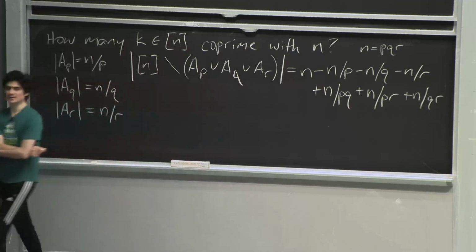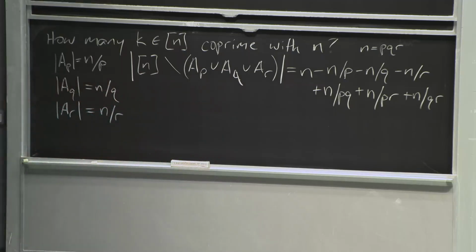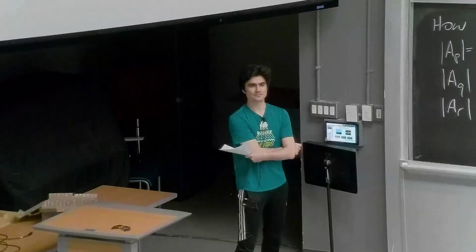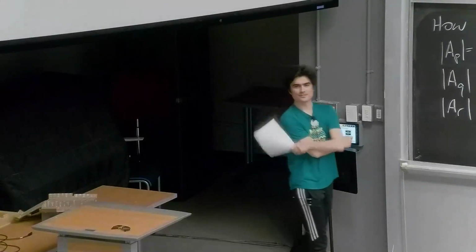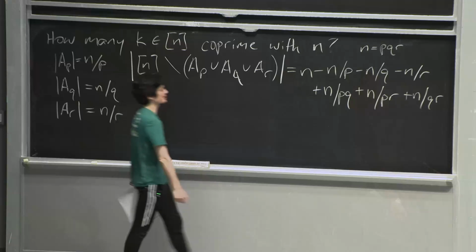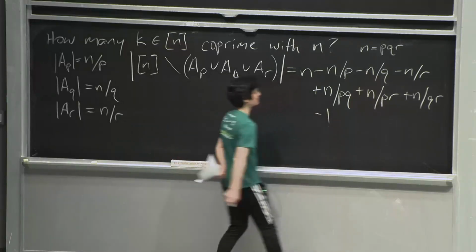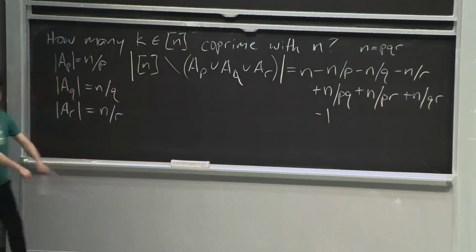What about the three-way intersection? How many things share a factor of p, q, and r? Yeah, it's just n itself, so minus 1. Okay?